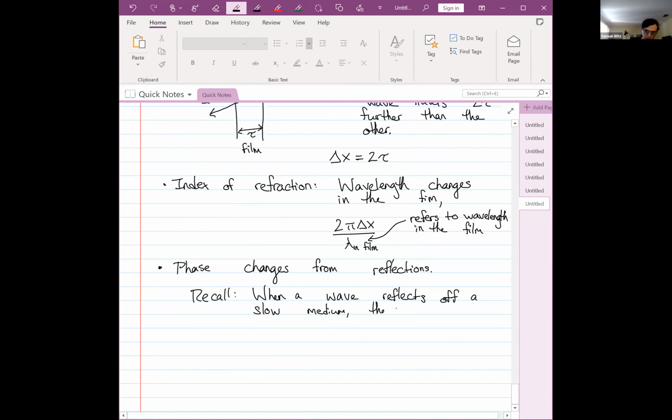The reflection is inverted. And we established that an inverted wave, an inverted cosine in particular, has a phase change of pi. So whatever its old phase constant is, the new phase constant is the old phase constant plus pi.